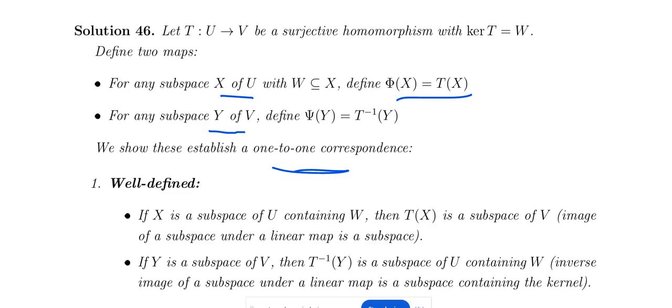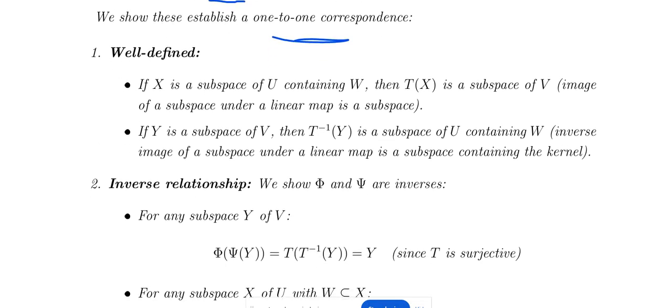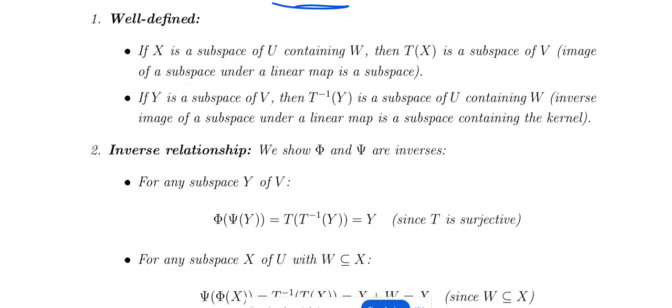So x is a subspace that is well defined, a subspace of U containing W. T of x is a subspace of V, since the image of a subspace under a linear map is a subspace. அதே மாதிரி y is a subspace of V, T inverse of y is a subspace of U containing W, since the inverse image of a subspace under a linear map is a subspace containing the kernel.